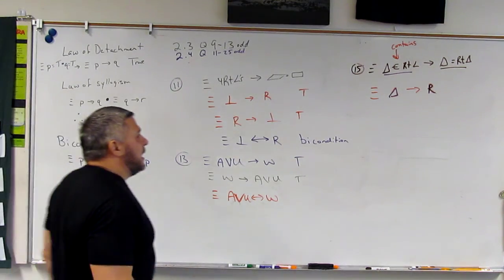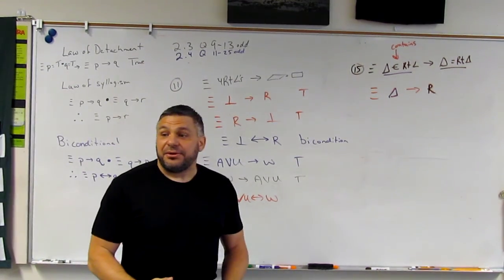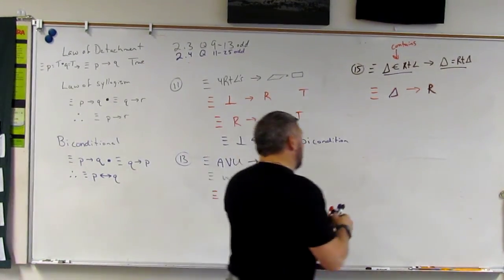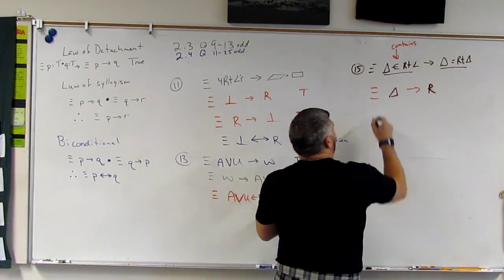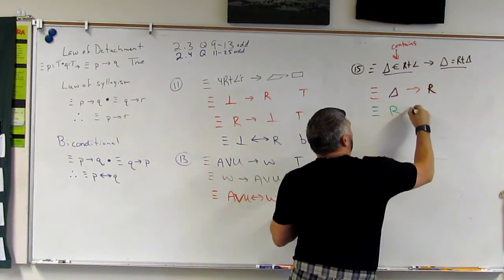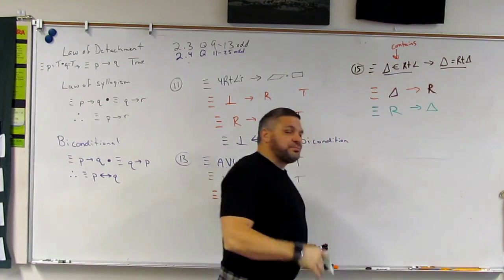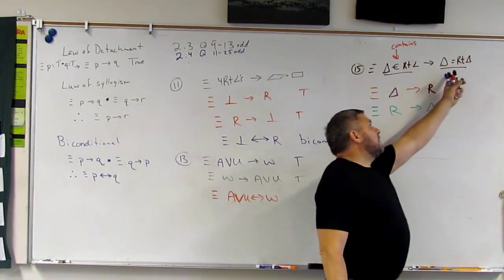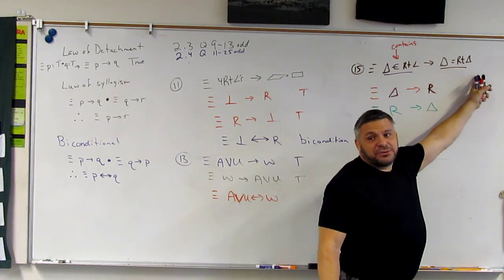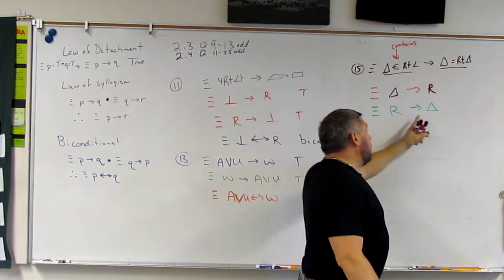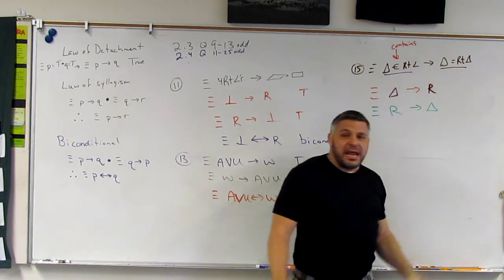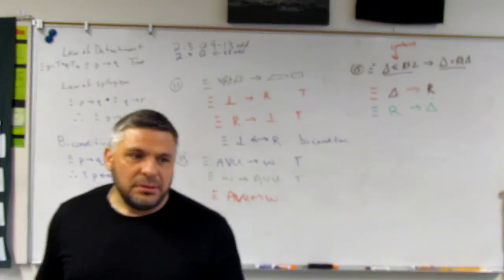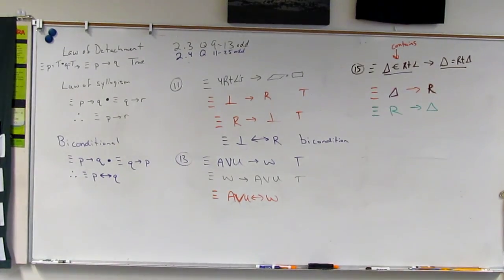And from there, I can go, well, can we write it the other way? If R, then triangle. So, if the triangle is a right triangle, then the triangle contains a right angle. Is that true? Yeah, that's true.